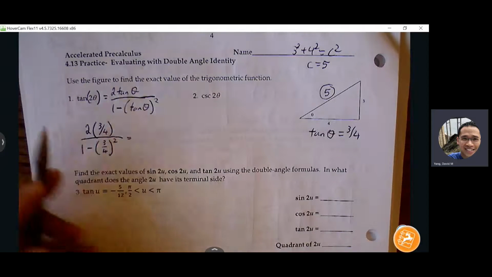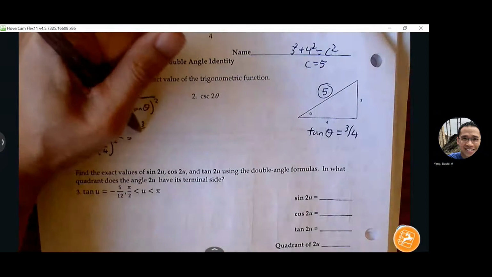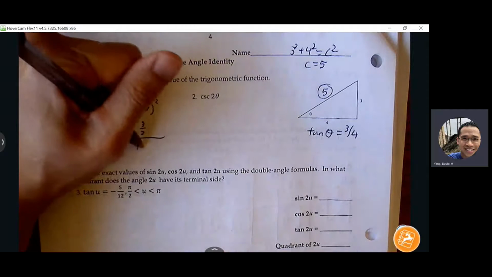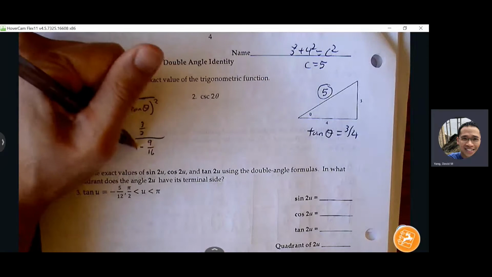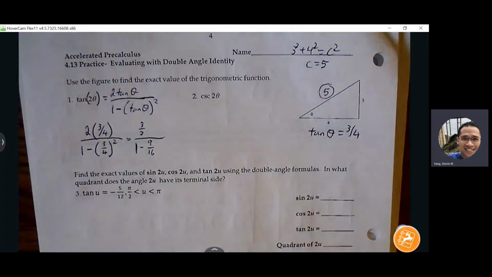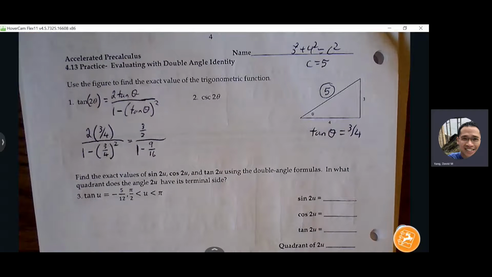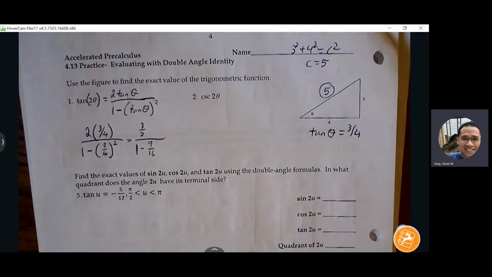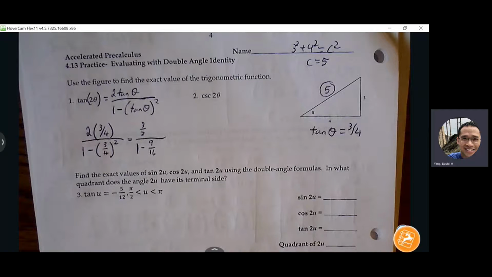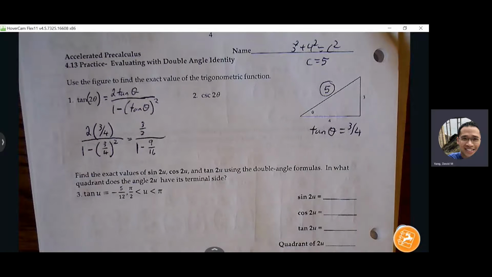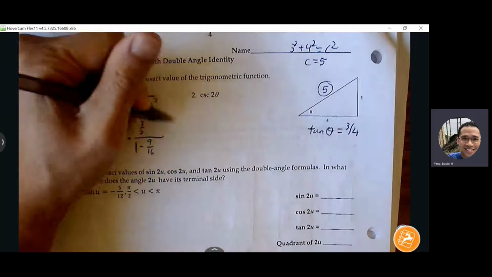This gives us 3/2. (3/2) divided by 7/16 reduces to be 24/7.